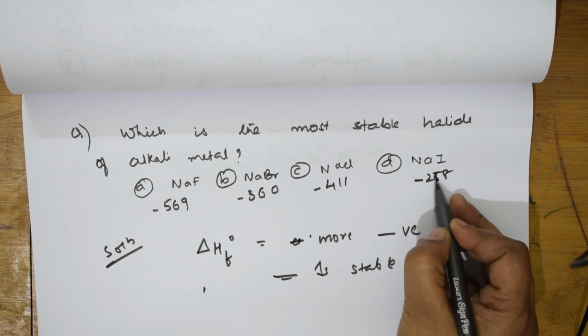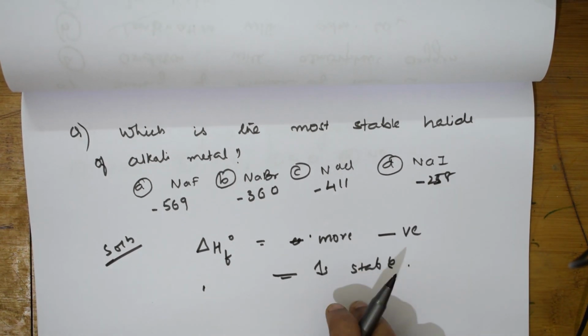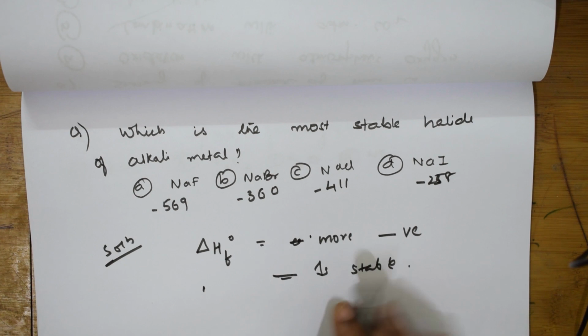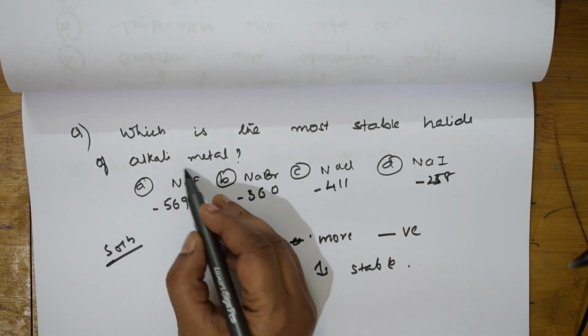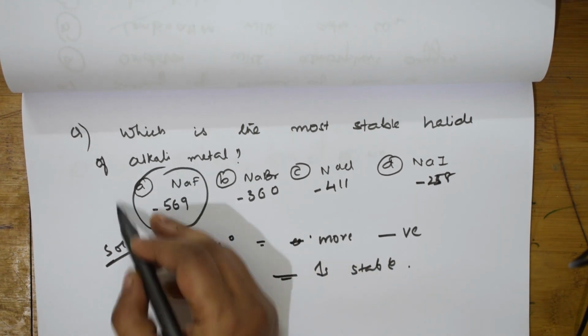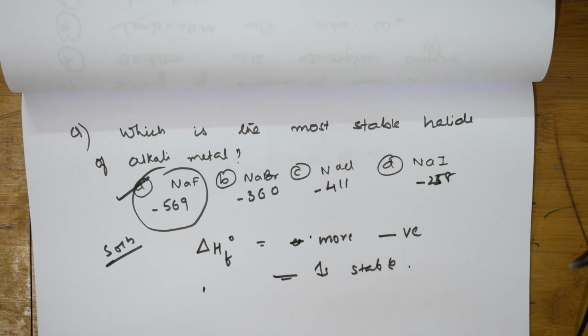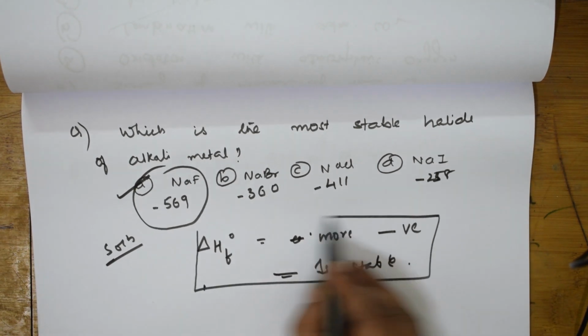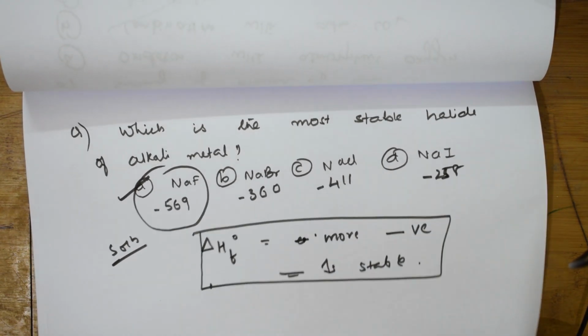I said the more negative the value of delta H, the more its stability. So among all, NaF has the maximum value. That's why this is the most stable halide. So this is your concept. Remember this. Fine.